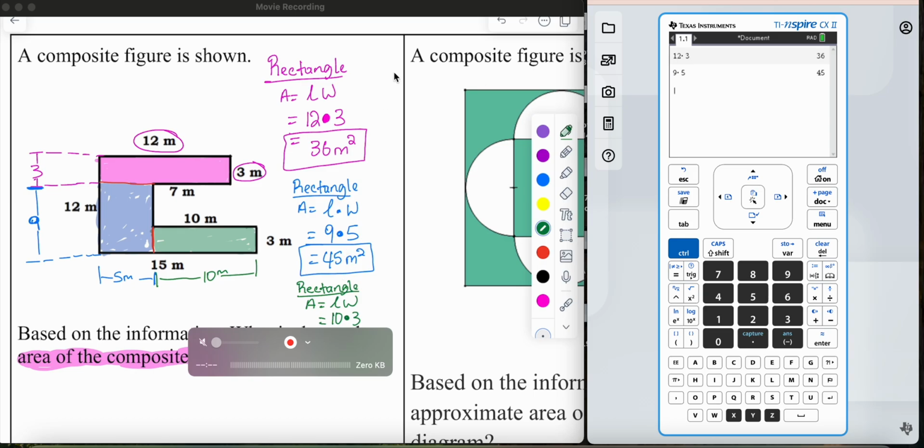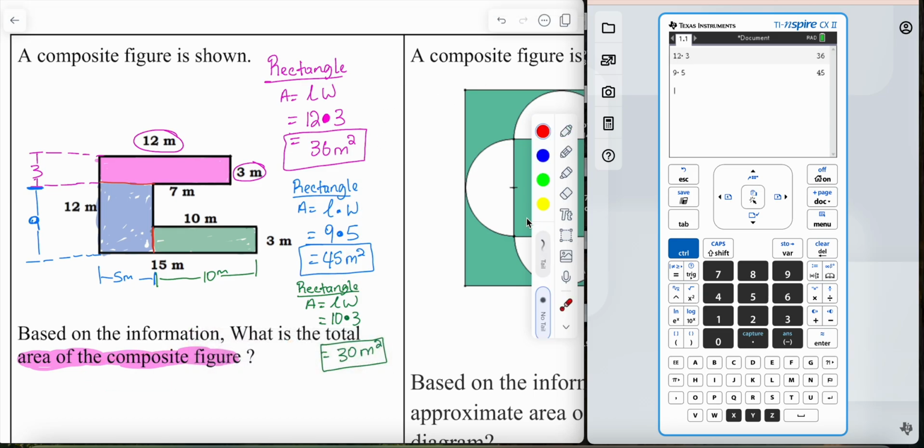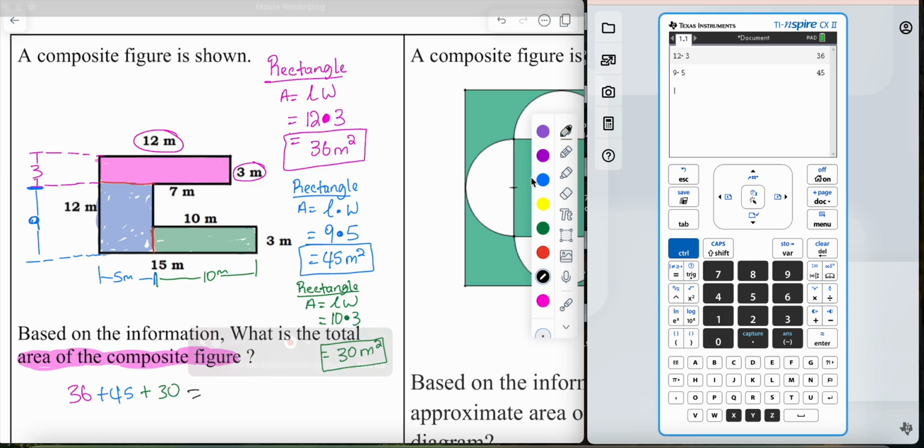So in this case, we would have to add all these three areas, because the question is asking for the area of the composite, which is everything. So now we're going to take our 36 meters square, and then we're going to add that to our 45 meters square plus our 30 meters square. And then when we add everything, you can just quickly use your calculator or you could use your brain.